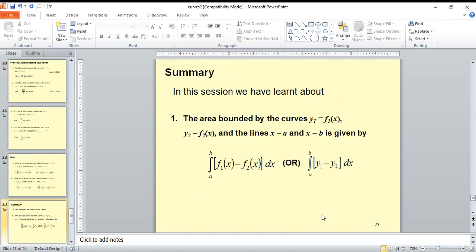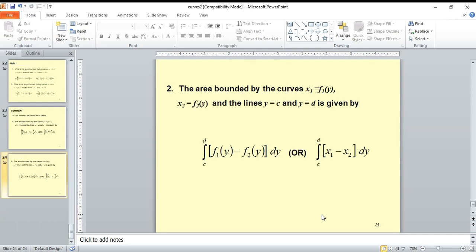Summary. In this session, we have learned that the area bounded by the curves y1 equal to f1 of x and y2 equal to f2 of x and the lines x equal to a and x equal to b is given by integration a to b of f1 of x minus f2 of x dx, or integration a to b of y1 minus y2 dx, or integration a to b of upper curve minus lower curve into dx.